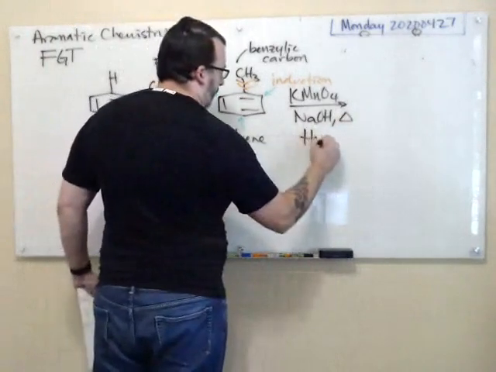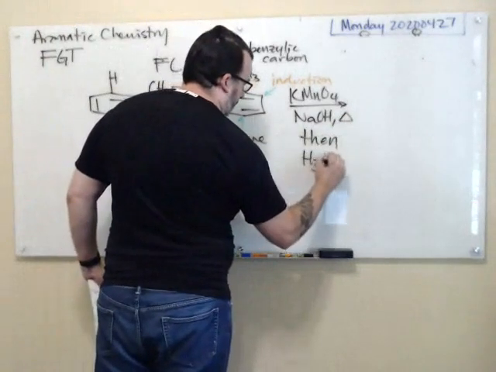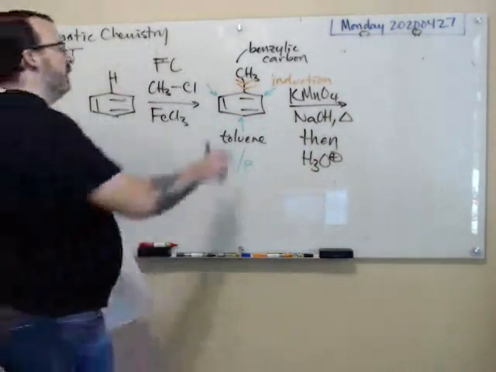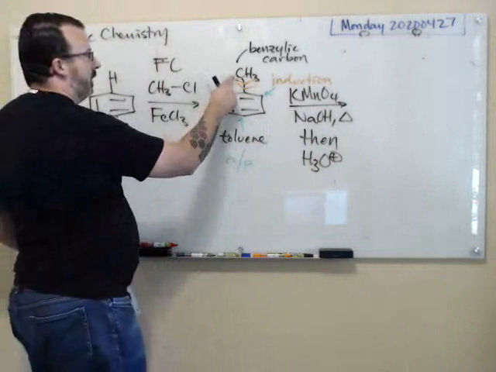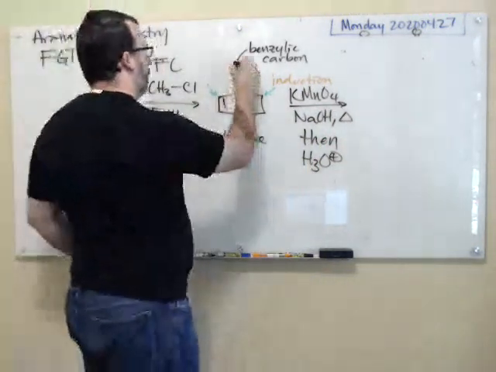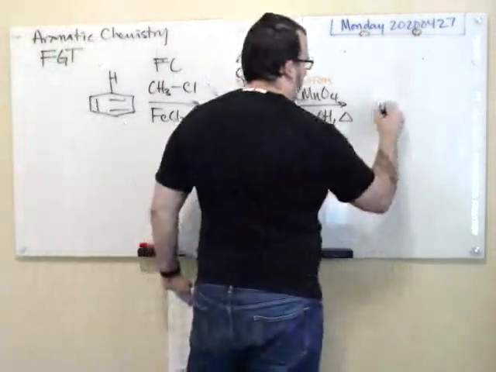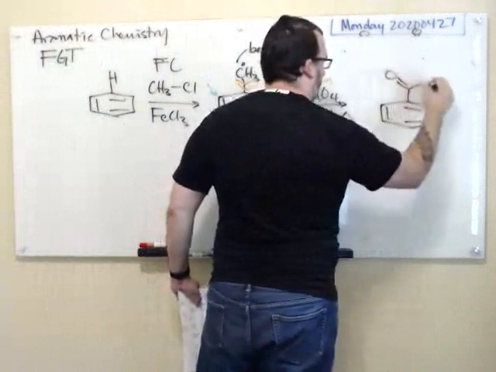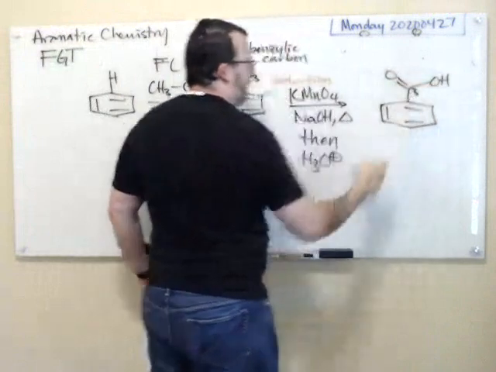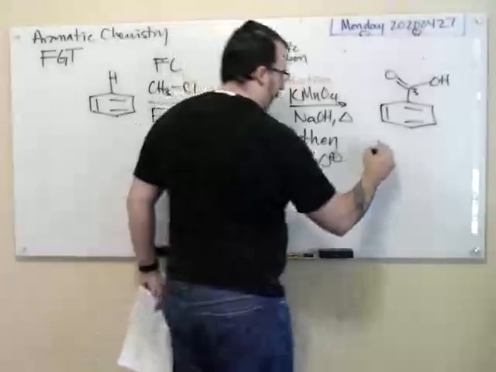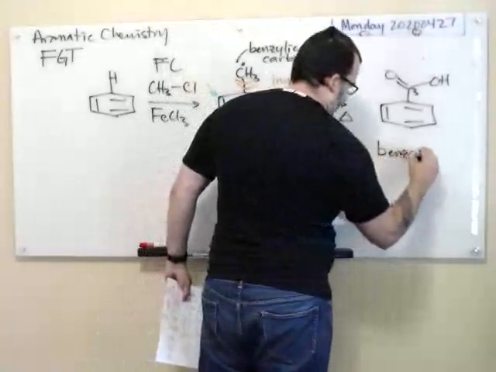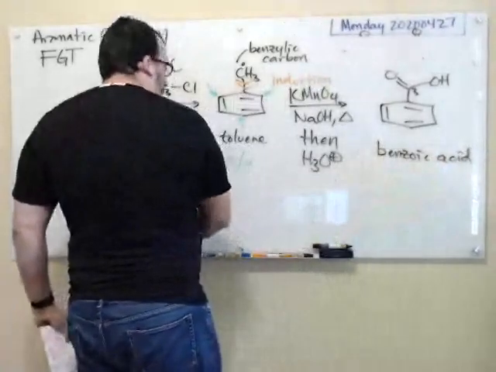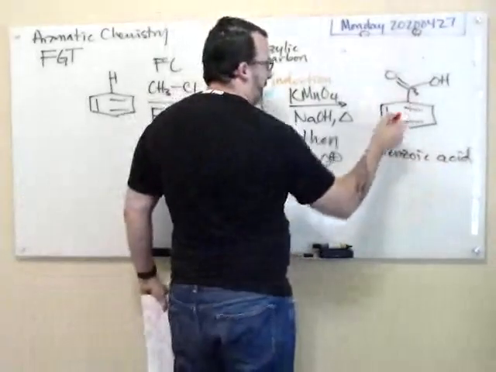Then in a workup step, dilute acid. What that's going to do is oxidize this carbon from oxidation state 0 to 3. So now it's a benzoic acid, and the acid functionality is a meta-director.